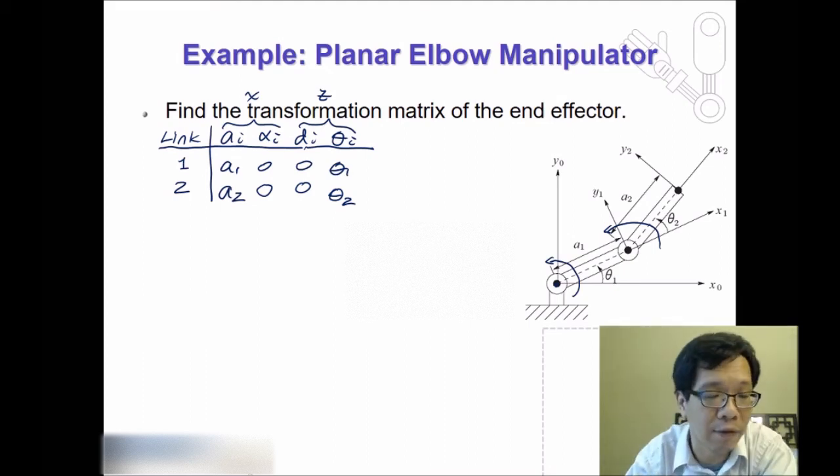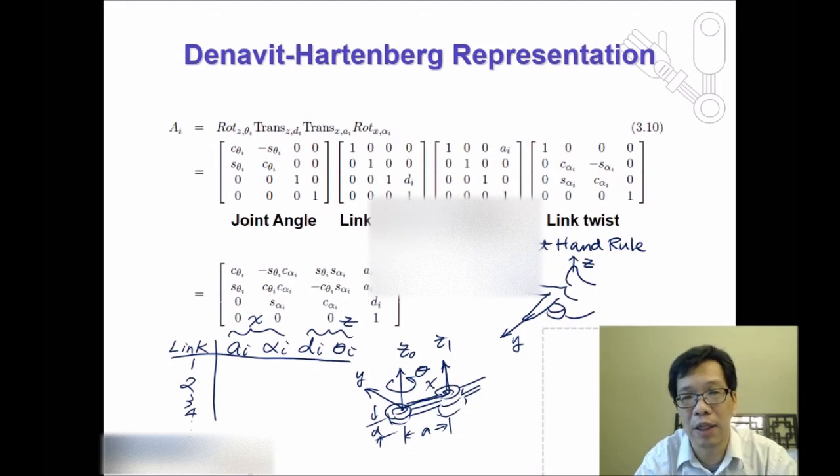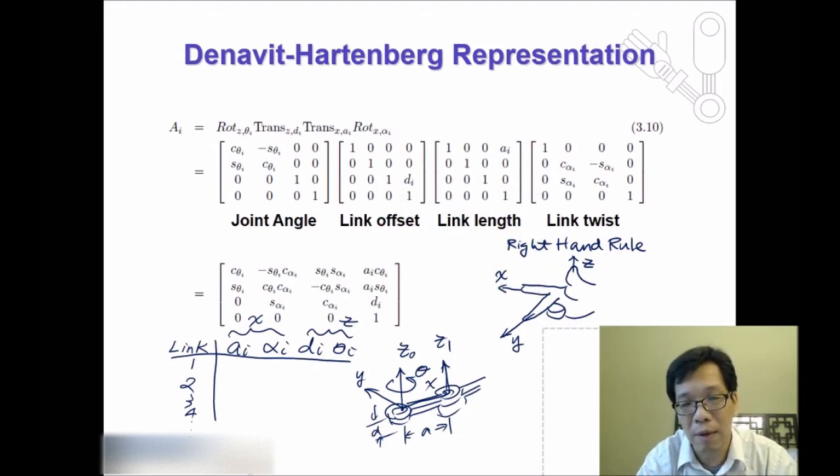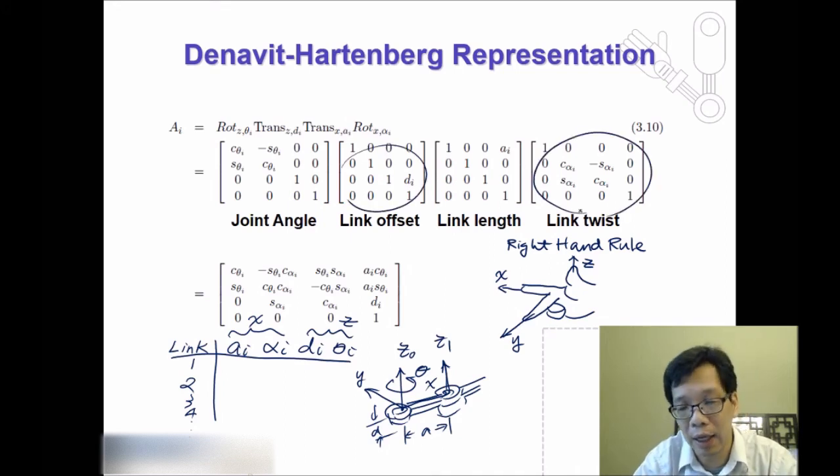Based on what we have in the previous pages, we have the transformation matrix in four parts, but we do not have any d and we do not have any alpha, which means those two are going to be identity matrices.